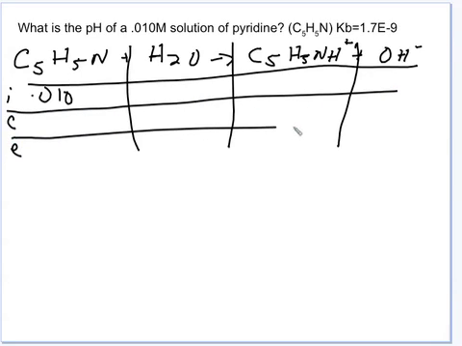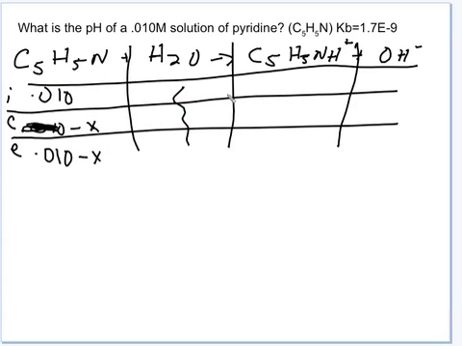So we'll make the ice table. The water doesn't matter. This is going to go down, but we don't know by how much. So we put in 0.010, and it goes down by an amount x, so minus x. At equilibrium we'll have 0.010 minus x of the C5H5N.